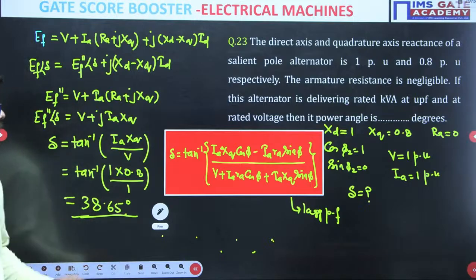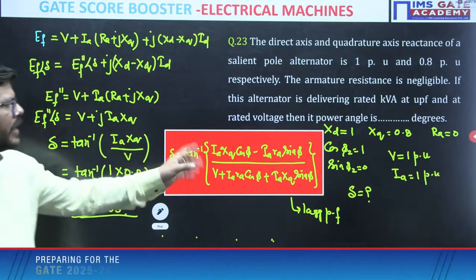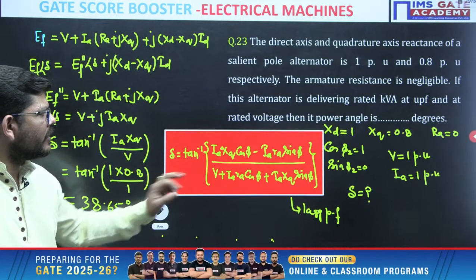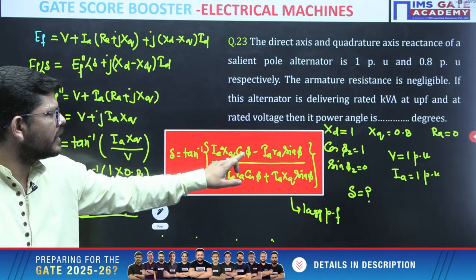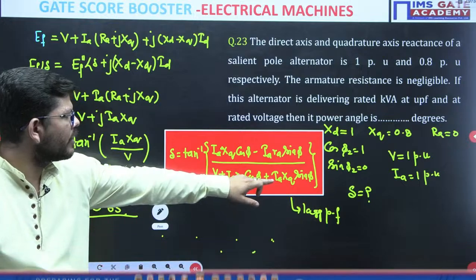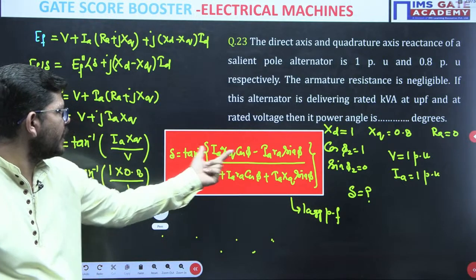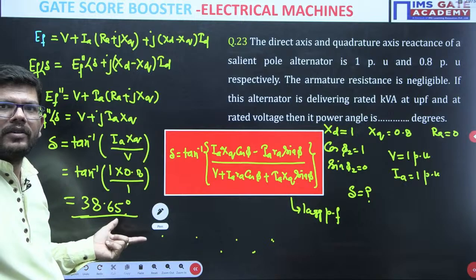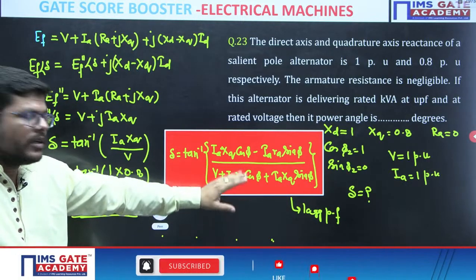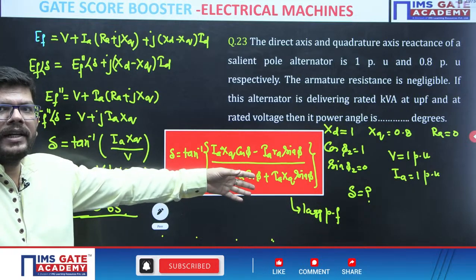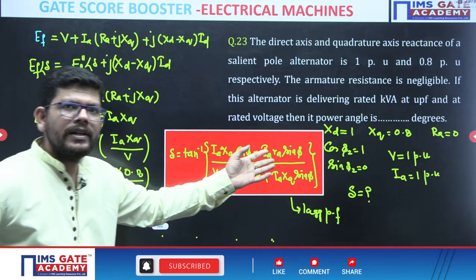Now, if we applied the same condition here, RA is neglected, so this part will be out, and cos phi is 1, sin phi will be 0. So, I think I will be getting the same answer. So, this is the general formula for lagging power factor. From that formula, you can neglect RA and apply power factor to be unity.